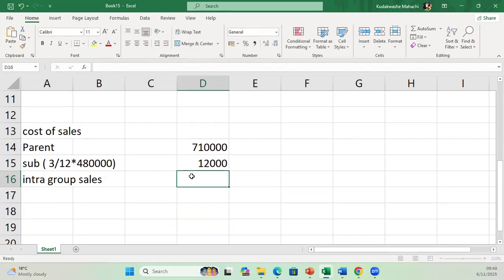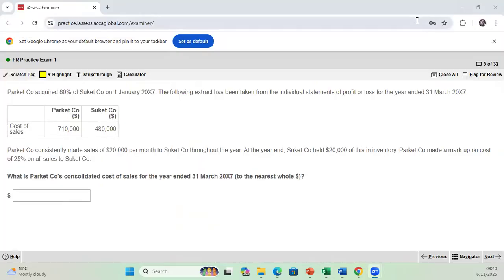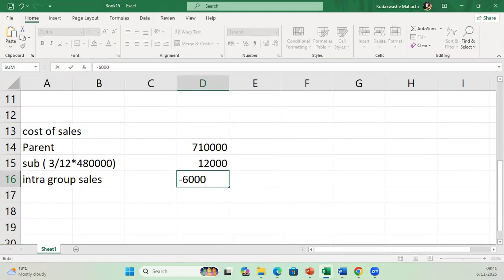All right, intra-group sales of how much? Yes, 20,000 per month. And 20,000 is still in inventory. Markup is 25%. So the intra-group sales are 60,000, because it's 20,000 per month for 3 months.